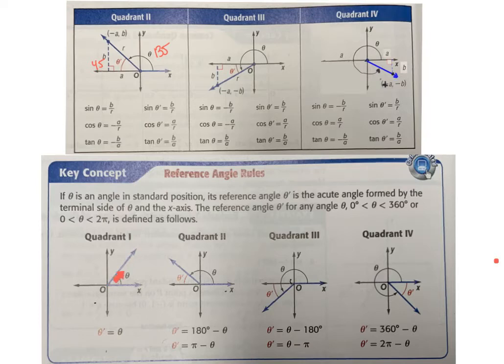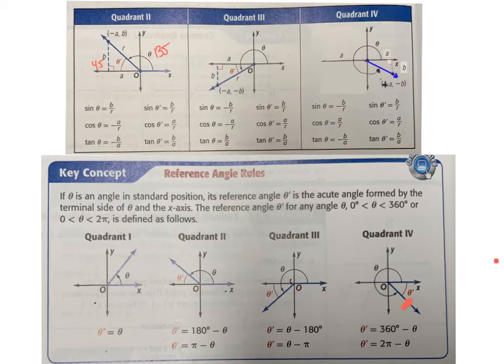So if I'm here, my reference angle is whatever the angle actually is. But if I fall into the second quadrant, I have to subtract it from 180 to get what that is. If I fall into the third quadrant, I take my angle and subtract 180 from it. And if I fall into my fourth quadrant, I subtract from 360, because that's going to be my closest. So first quadrant is what it gives you. Second quadrant, subtract from 180. Third quadrant, subtract 180 from your angle.